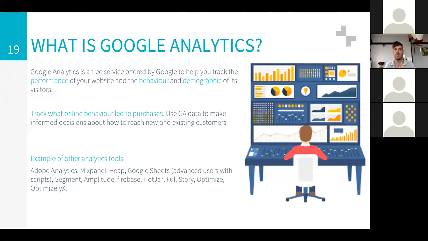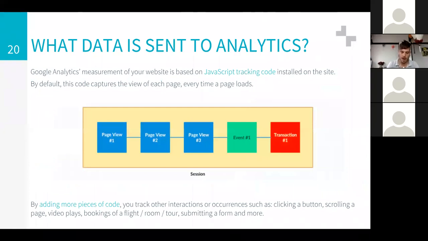But there are other tools, a lot of them, and each of them has different objectives. So if you want to monitor apps, for instance, Firebase will be better than Analytics. If you want to have insights on how people are behaving on a particular page, then you can have heat maps, or depending on the data points that you want, you will use different analytics tools. So how does it work?